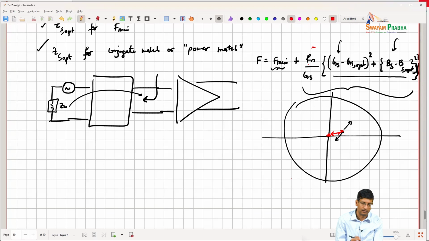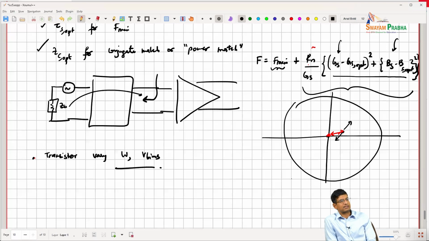or I can try to change my design to make this trade-off better. The key thing to note is that we don't have a single device. We have a transistor where we can vary W and we can vary Vbias, so we can do both of these things to see if there is a better point where I am able to achieve both at the same time.